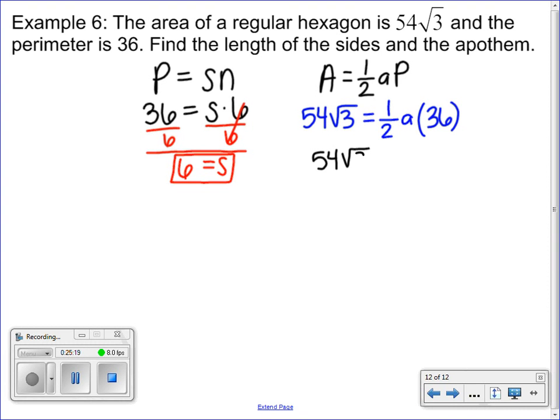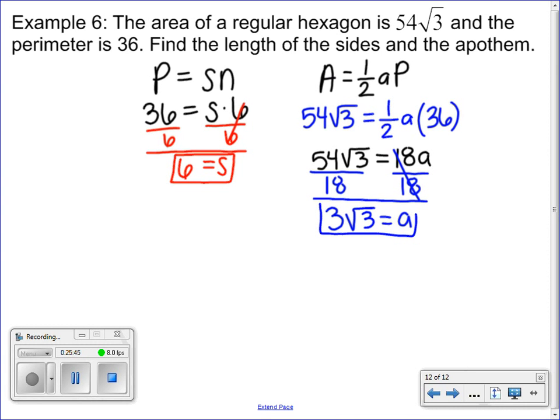So I get 54 radical 3 equal to 18A. To get A all by itself, divide by 18, and leave it in terms of the radical. 54 divided by 18 reduces to an even 3. Radical 3. So my apothem is 3 radical 3. And the side lengths are 6.